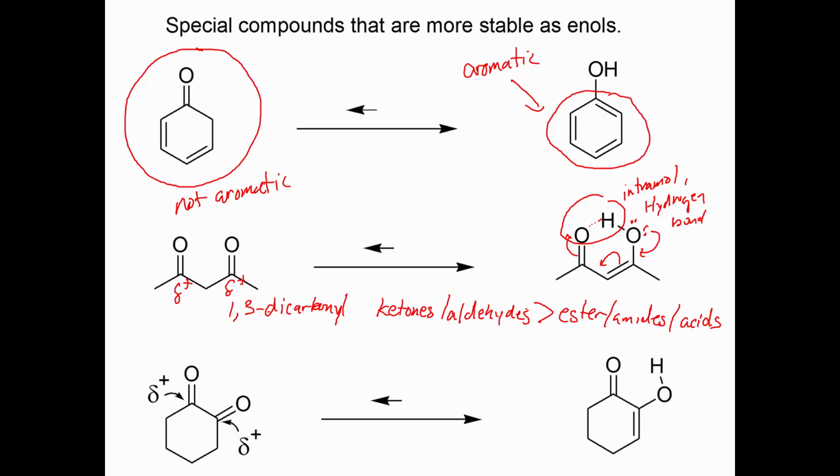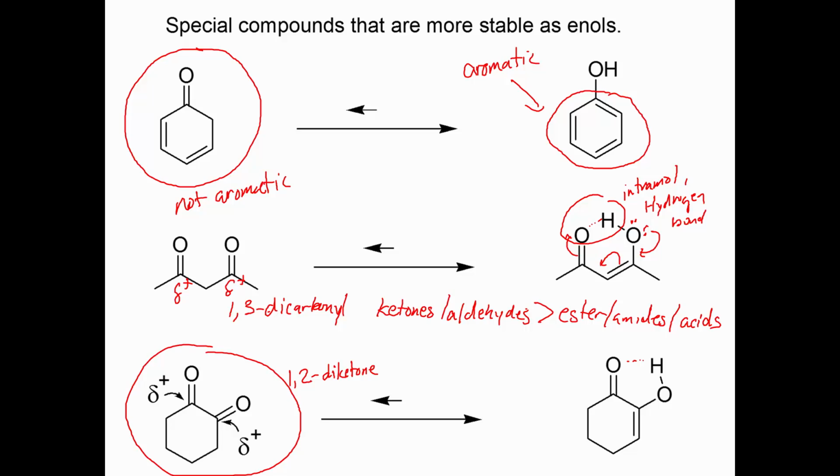Okay, 1,2-diketone in many cases, we find that it's more stable as the enol, and again we have this intramolecular hydrogen bonding, plus we have the fact that having two partial positives right beside each other, like you have here, is a tremendously destabilizing structural feature, and that means that the enol isn't quite as unstable as it usually is.